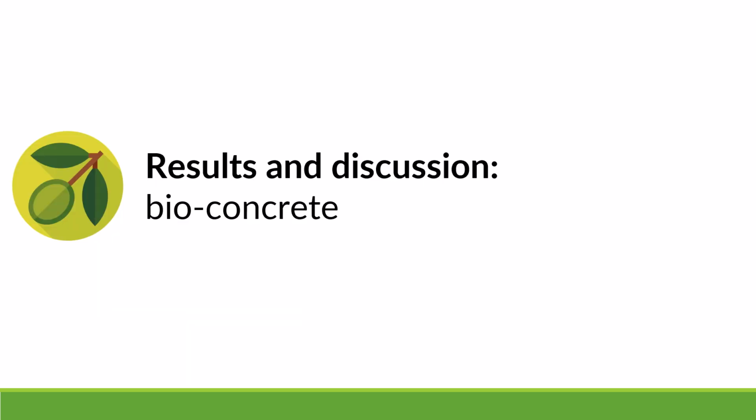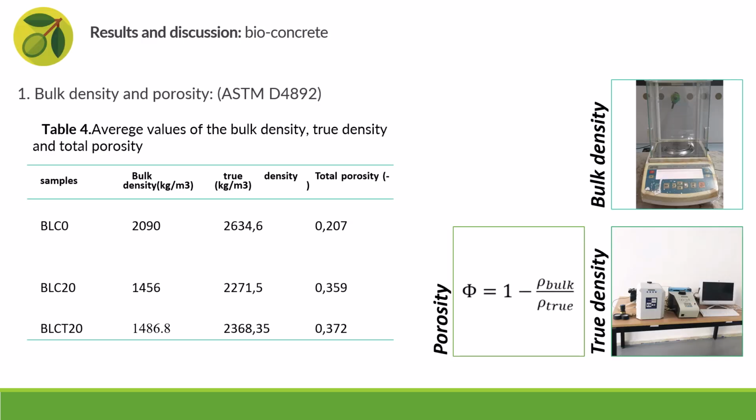Moving now to the composite scale, we can examine the bulk density and porosity of the concrete. The reference mix without the husk is the densest, of course, with a bulk density of about 2000 and porosity of only 21%.